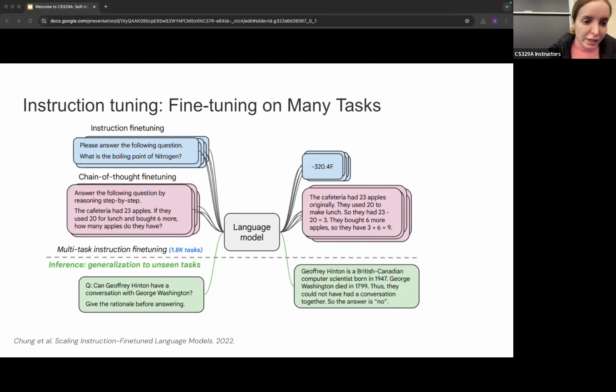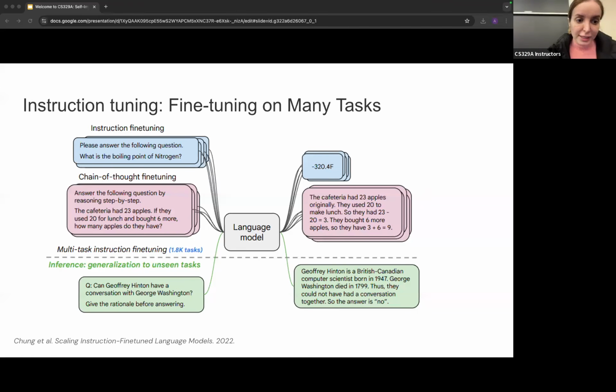For example, one instruction fine-tuning data point would be, please answer the following question. What's the boiling point of nitrogen? And then here is an answer. So the model knows there's a question, and it should reply to that specific question.